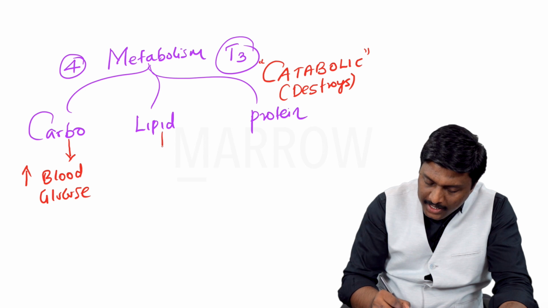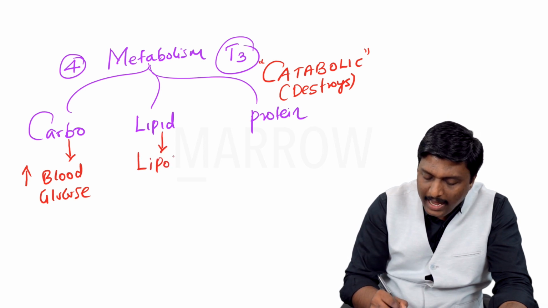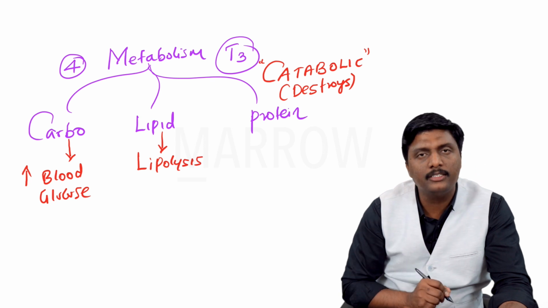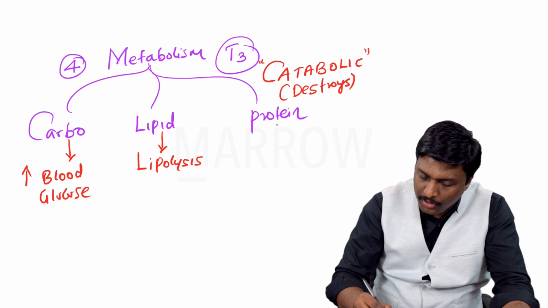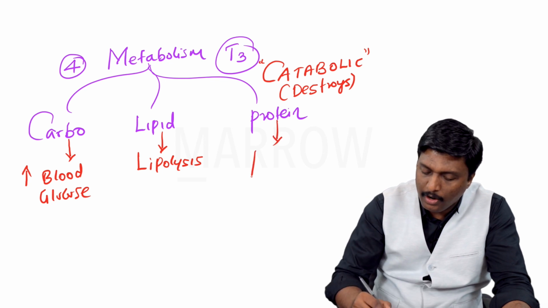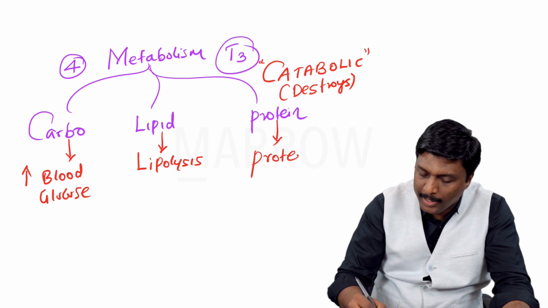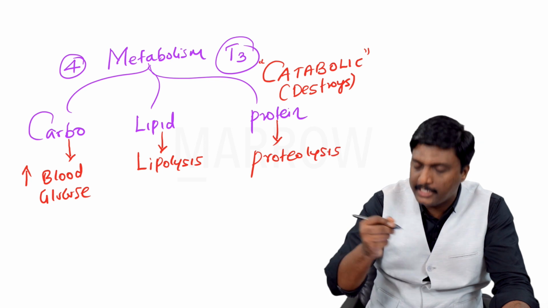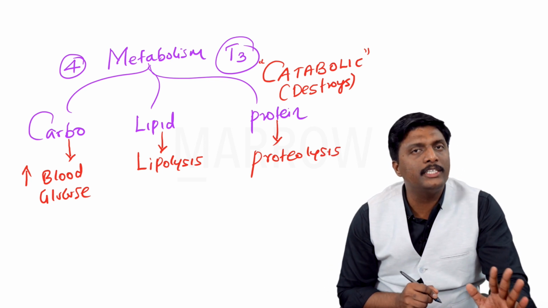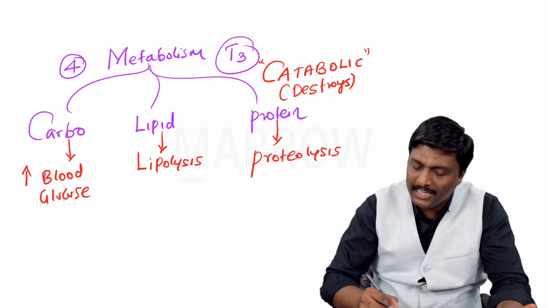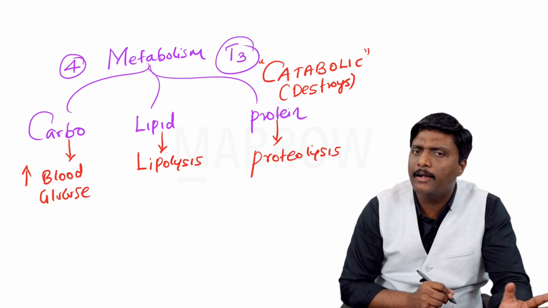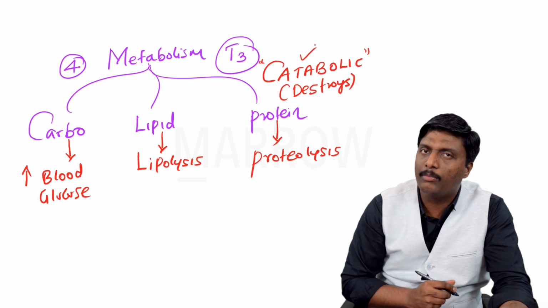If you destroy lipid storage, what we call this aspect is lipolysis. Destroying lipid storage forms. If you destroy proteins, what we call this aspect is proteolysis. That's all. It destroys everything. It causes an increase in blood glucose, it causes lipolysis, it causes proteolysis. No need to memorize the concept. It is universally catabolic.